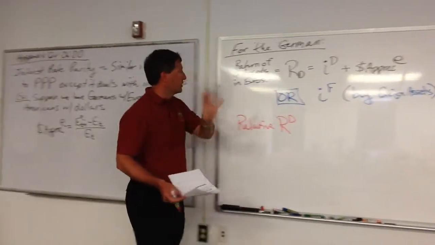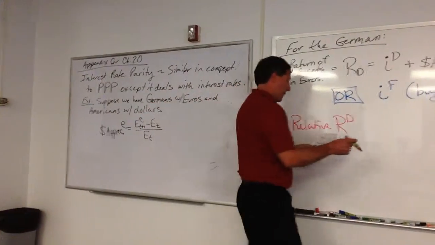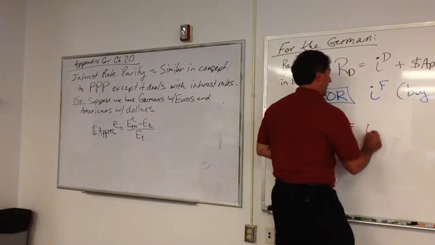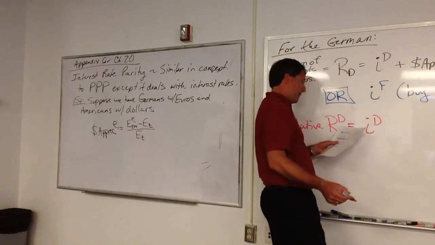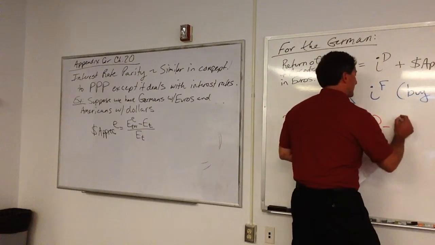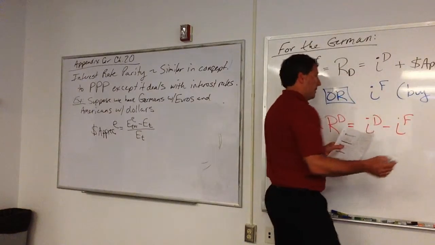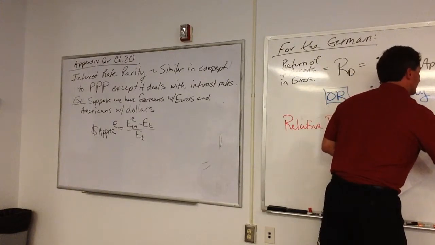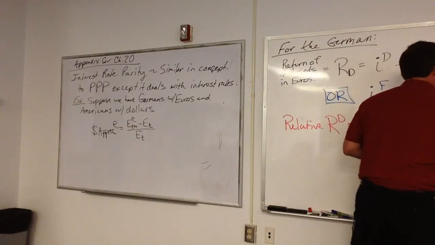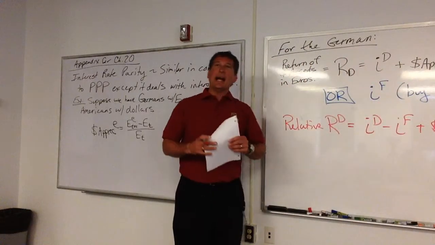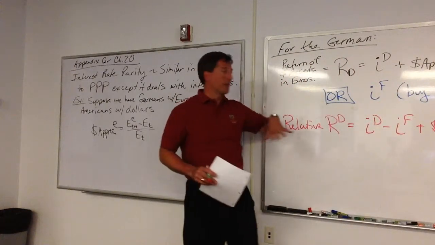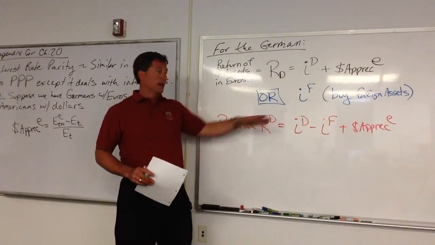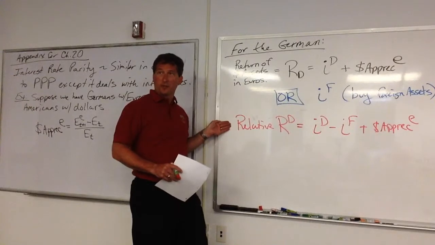Okay? Then we're going to do a couple more. So let me just get the relative domestic return. If I take the dollar return minus the foreign return plus the dollar appreciation, I can now think of how did I do with my choice of going with this one or this one by looking at the relative return.